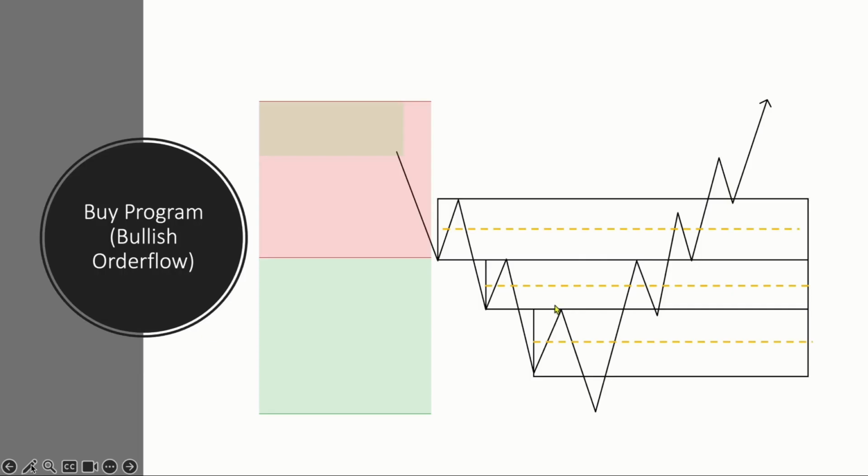this price range act as support on price, and therefore I've annotated equilibrium of that price range again, because equilibrium, 50%, is a very important price level of any price range. So the moment that price retraces into that price range, into that box, so to say, my eye is drawn to whether or not it is going to act as support on price.